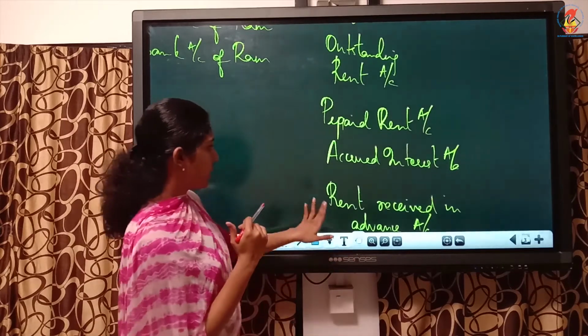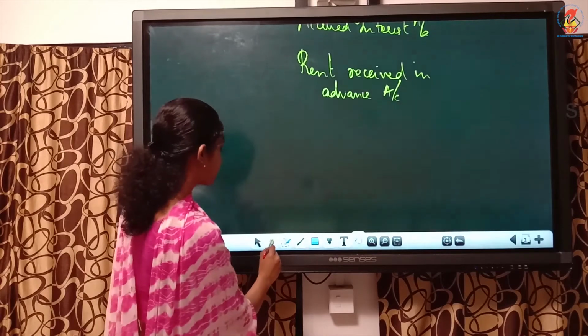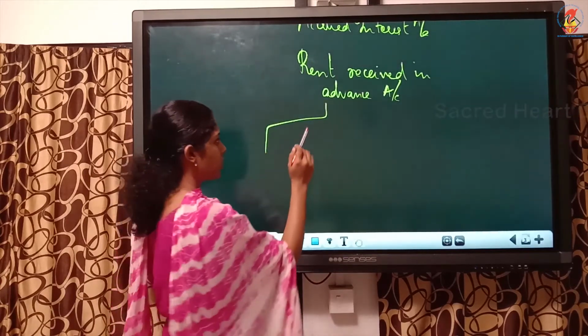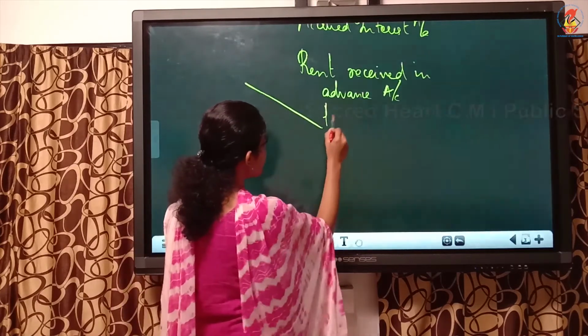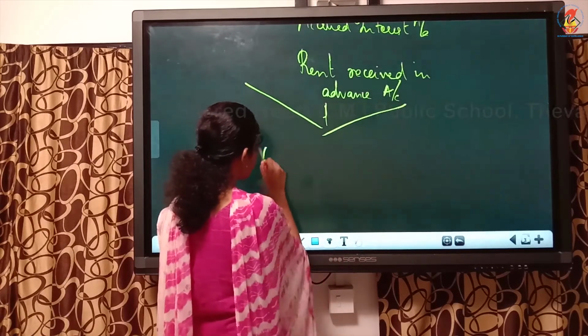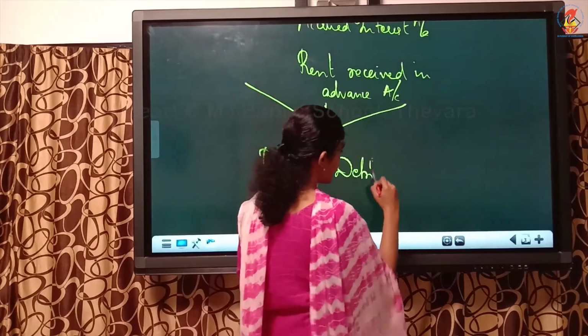Okay. Now we will see what is the rule of debit and credit for this personal account. For all these personal accounts, 3 personal accounts are there. The rule of debit and credit, you write within a box.